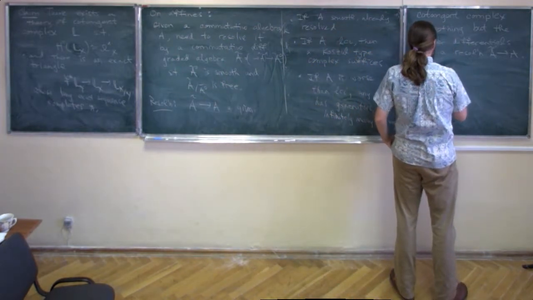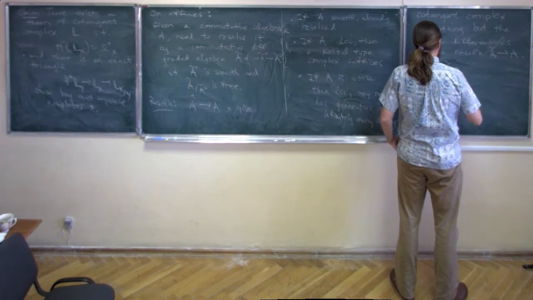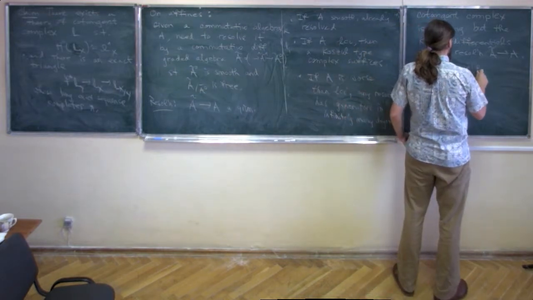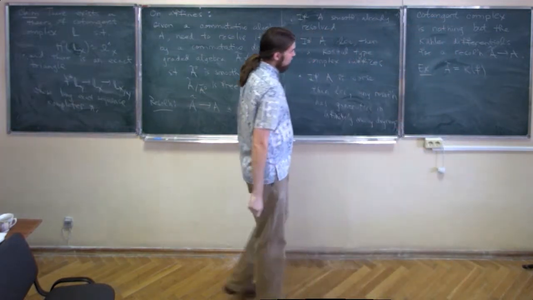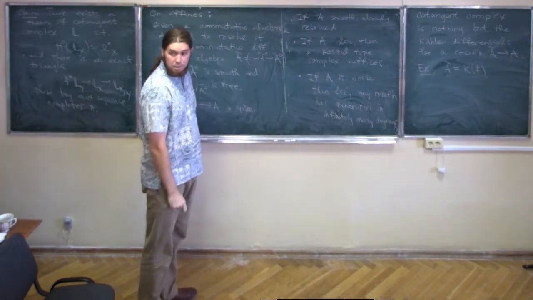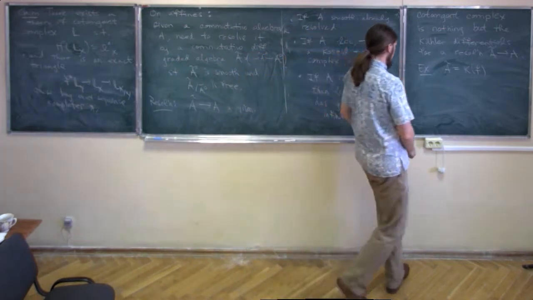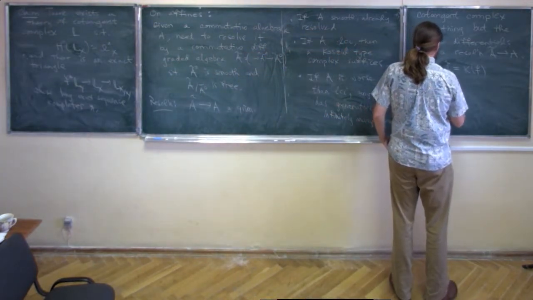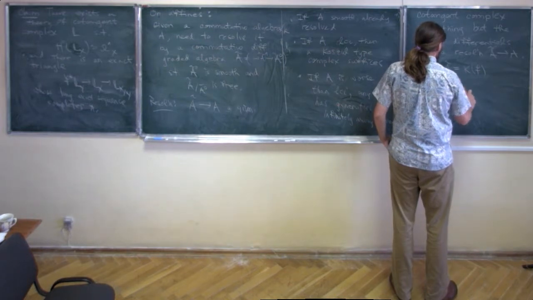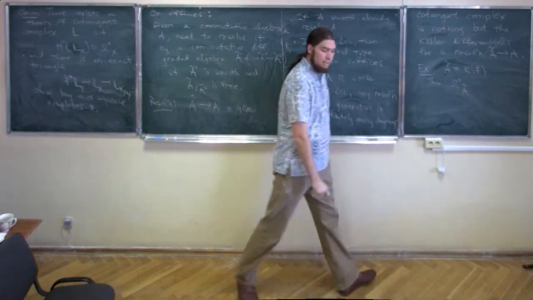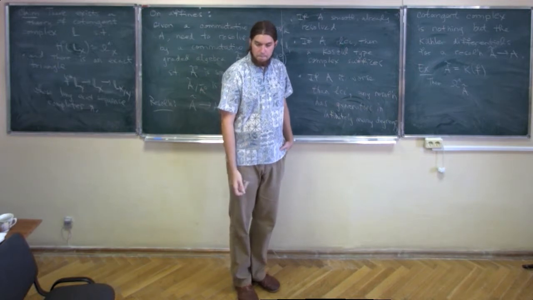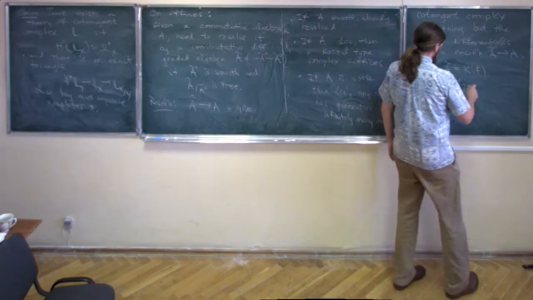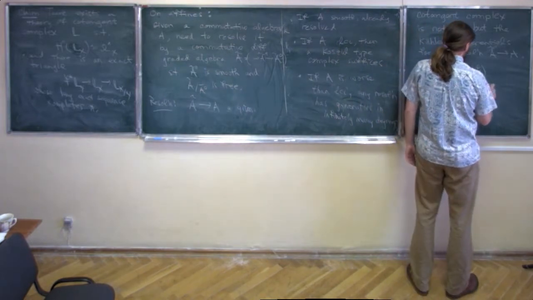Let's say the algebra we resolved by was a Koszul complex, and our algebra was already a local complete intersection. Then the Kähler differentials on this thing, they look a lot like Kähler differentials for a polynomial algebra. So they're generated by differentials of the generators.